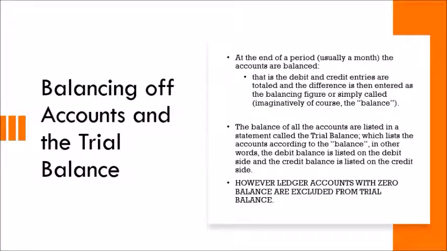so what is balancing of account? So balancing of account and trial balance is at the end of the period, usually a month, the accounts are balanced. That is, the debit and credit entries are totaled and the difference is then entered as the balancing figure, or simply called, imaginatively, of course, the balance. The balance of all the accounts are listed in a statement called the trial balance, which lists the accounts according to the balance.